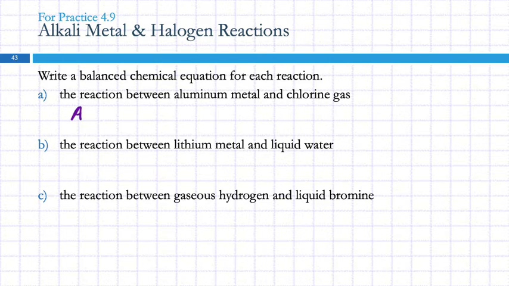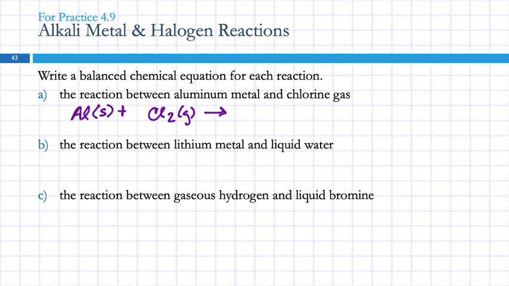So, I have aluminum, Al. What state is aluminum at room temperature? Solid. You may know that from experience, or you can look on the periodic table, it's black, so it's a solid. And what's the formula for chlorine? Cl2, because that's one of those diatomic elements. And they're telling us it's a gas.